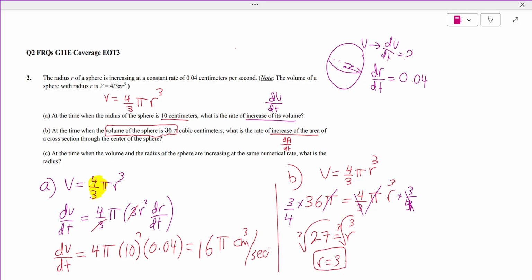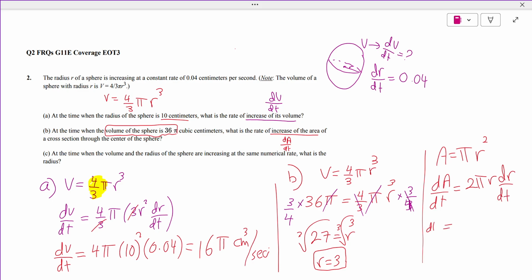So we need to find the rate of change of the area when r is equal to 3. We know that the area of the circle, which is the cross section through the center, is given by pi r squared. So dA over dt is equal to 2 pi r dr over dt. We can just now substitute.